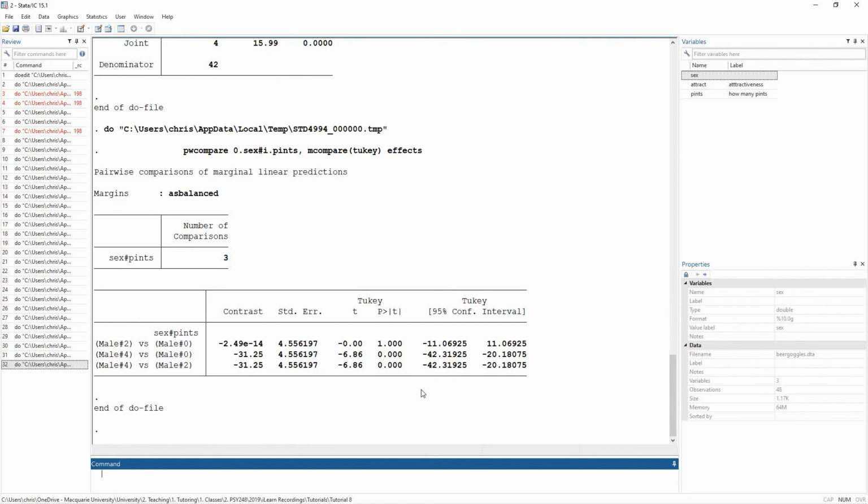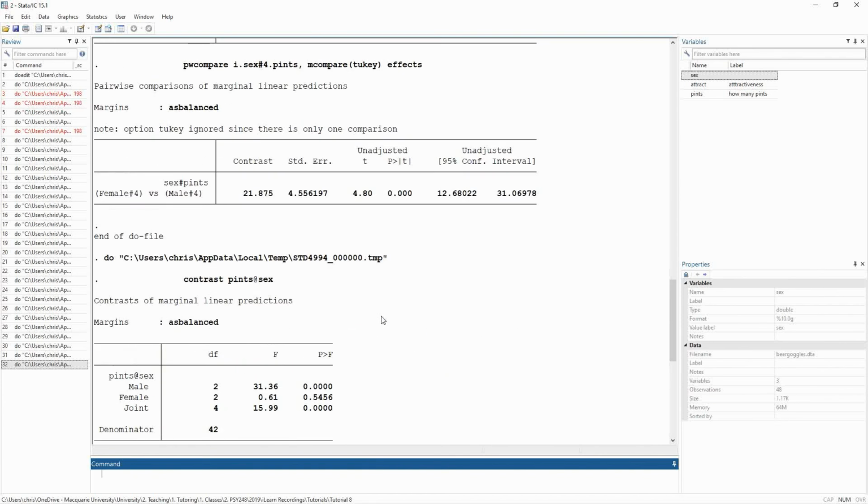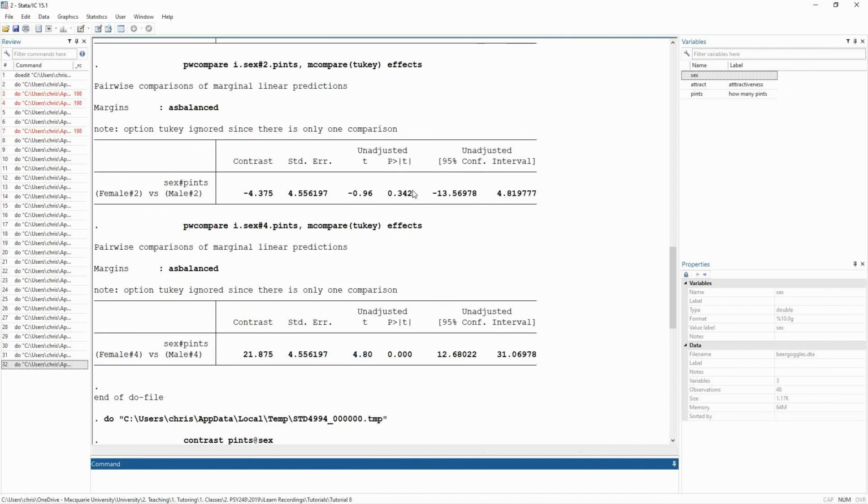So the conclusion that I'm drawing is that whereas for males and females, attractiveness ratings do not change at 0 and 2 pints of alcohol, at 4 pints of alcohol, despite females remaining stable in their attractiveness ratings, males substantially and significantly decrease. And so I could write that up as a conclusion, and I could put my p-values in with my means as I want them.